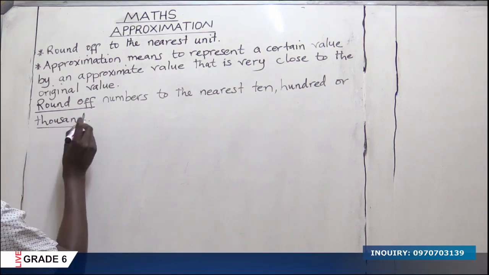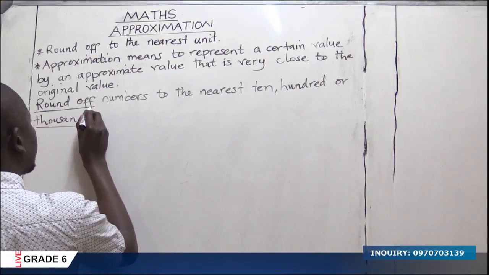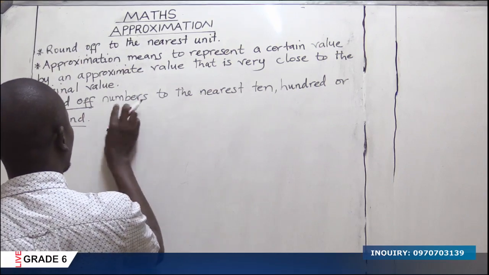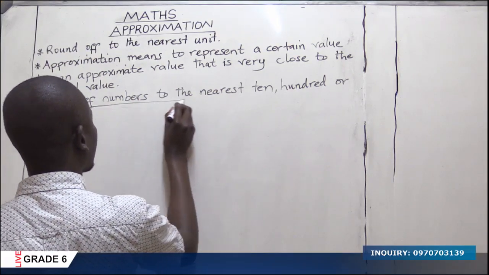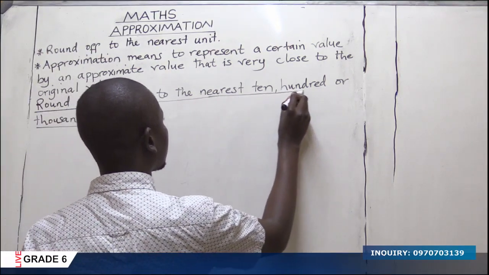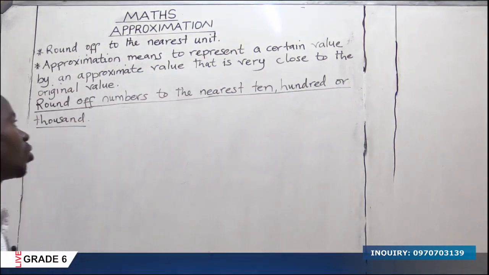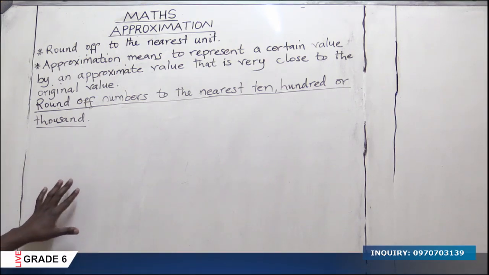So what does it mean, boys and girls, when we say we are going to round off numbers to the nearest 10, 100, or 1,000?